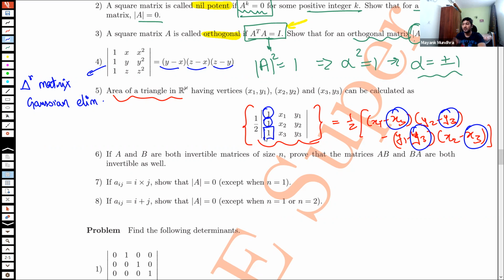Okay, so I'm going to pivot the lowermost row and I'm going to make everything above it zero. So this becomes half times of 0, x1 minus x3, y1 minus y3, 0, x2 minus x3, y2 minus y3, 0, x3, y3.